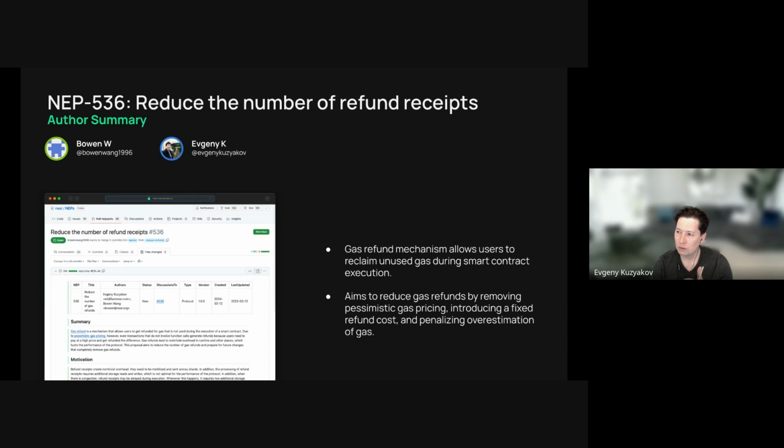So explicitly charging gas for generating a refund will make gas estimation more robust, because it will not be for free or implicitly done. So the second change of the NEP is we introduce an explicit gas cost of the refunds, but we do not change it for the token refund. So the one that flies to the predecessor is still free.